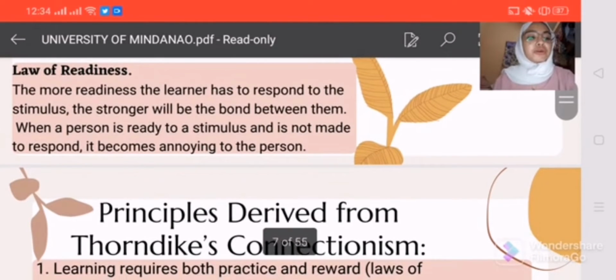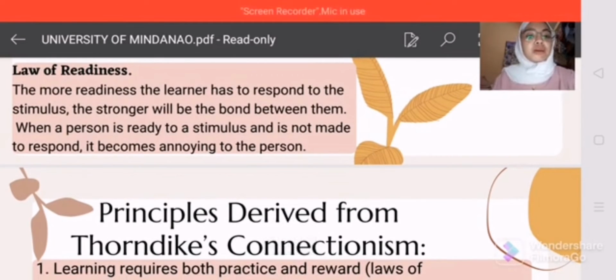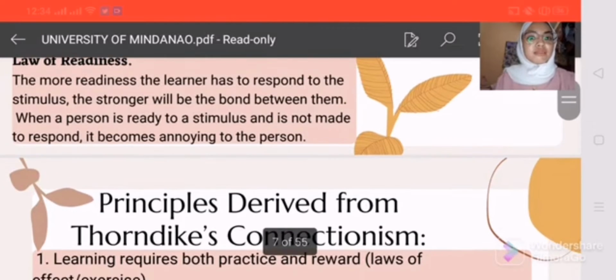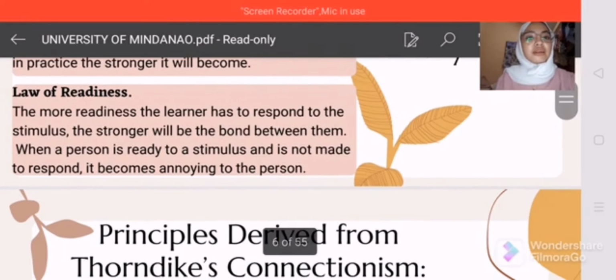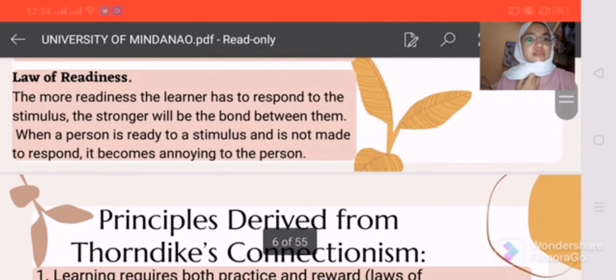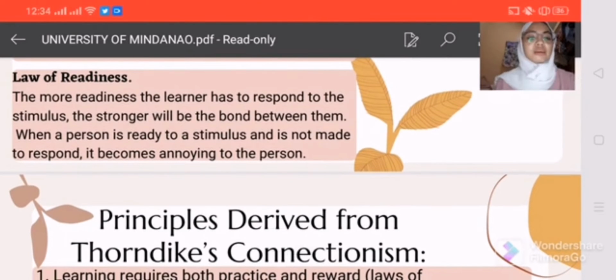So of course before you quiz, i-retain mo muna yung napag-aralan the other day, like okay class, I will give you 5 minutes to study the lesson that we tackled yesterday, and then I will give a quiz. So yun yung law of readiness.